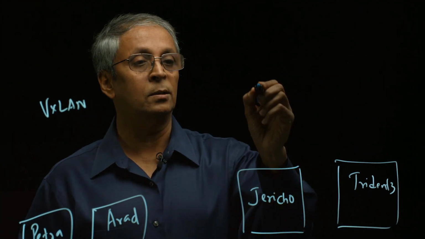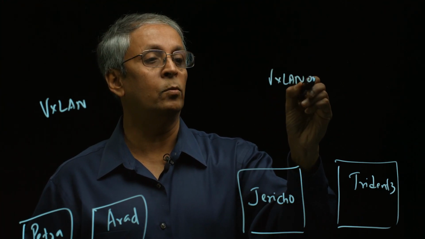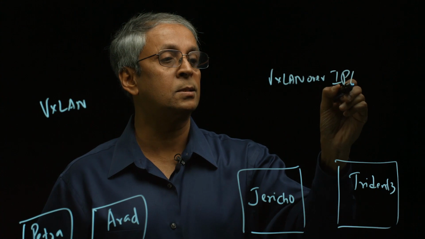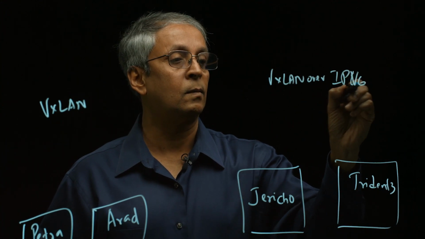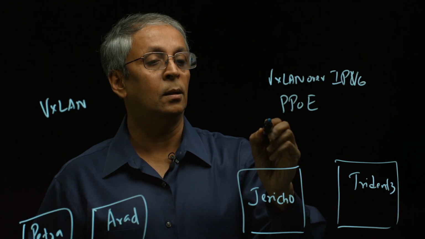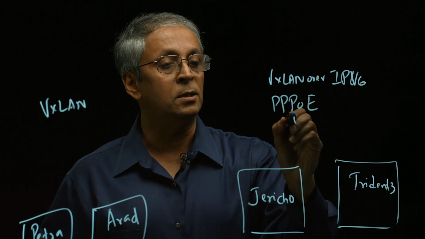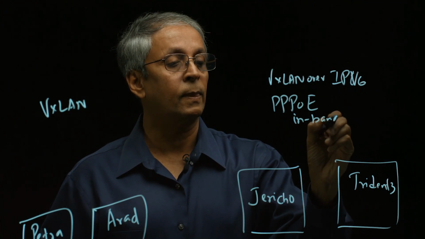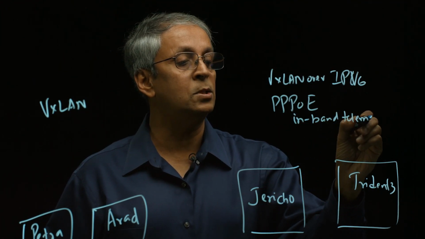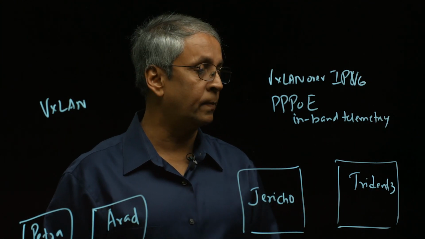Again here, there were several features like VXLAN over IPv6, PPP over E, in-band telemetry. All these features were introduced after these devices were in production.